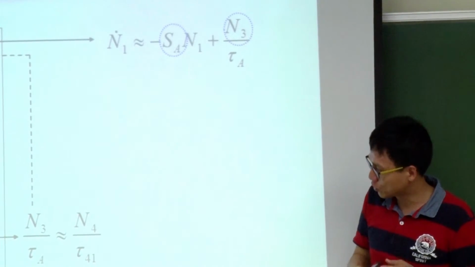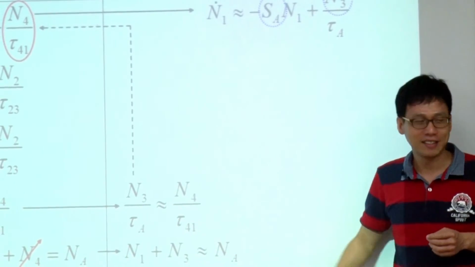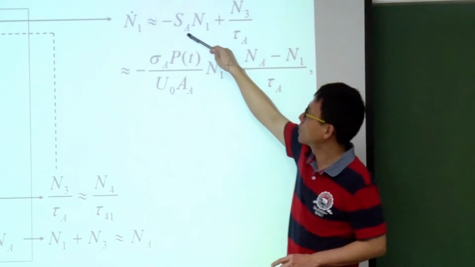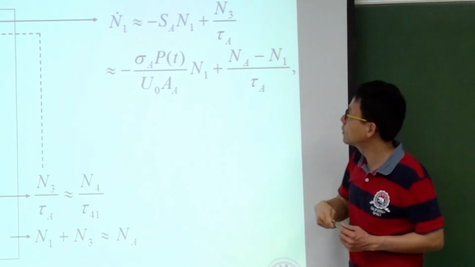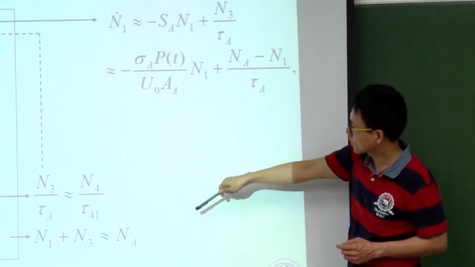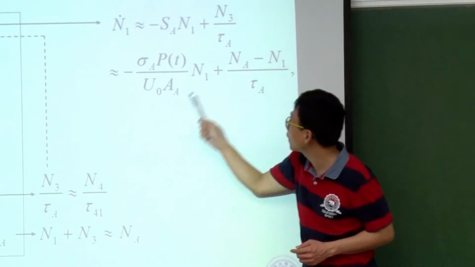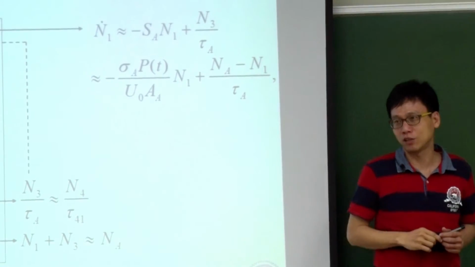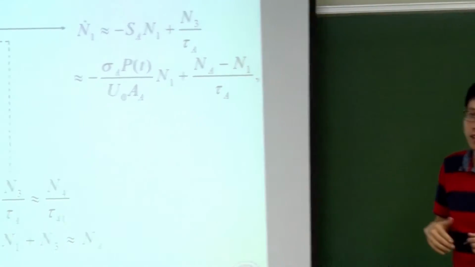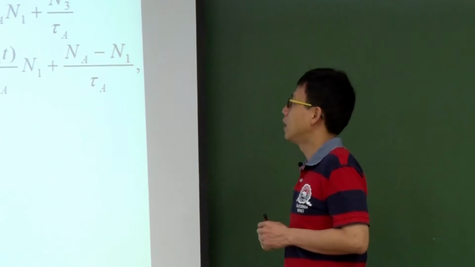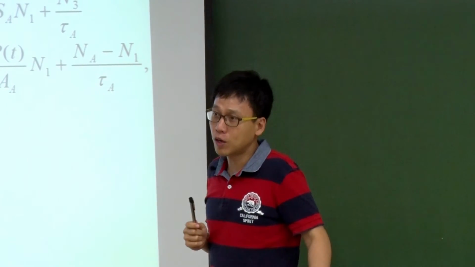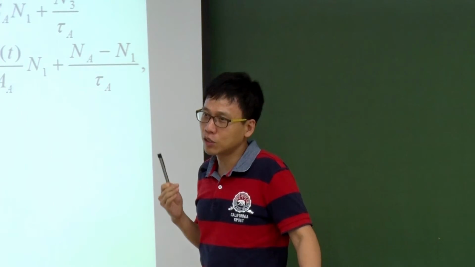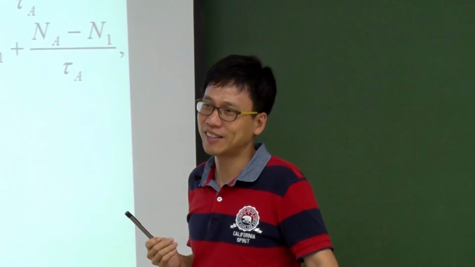So you can borrow this relation. If you do that, you have SA replaced by its definition, and N3 replaced by NA minus N1. Now, you have only one unknown function, N1, which is the only unknown function we intend to solve. Because once you have N1, you can know the loss coefficient.